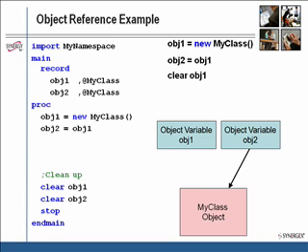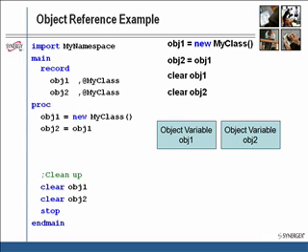Then the original obj1 object variable is cleared, dereferencing it from the object. The object now has a reference count of 1. Finally, the second object variable is cleared, removing its reference to the object. As a consequence of this, the object's reference count has now dropped to 0, and therefore the object has been deleted.